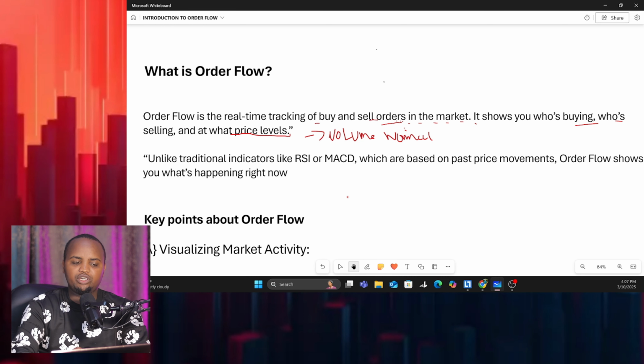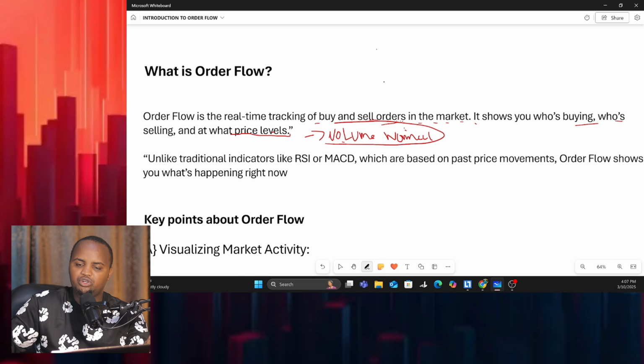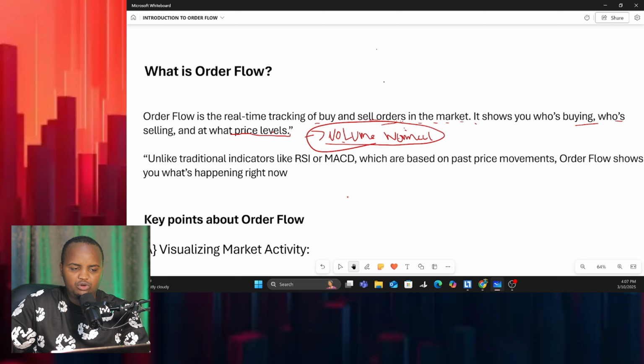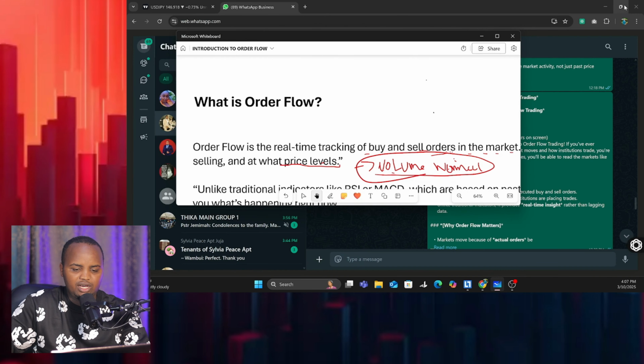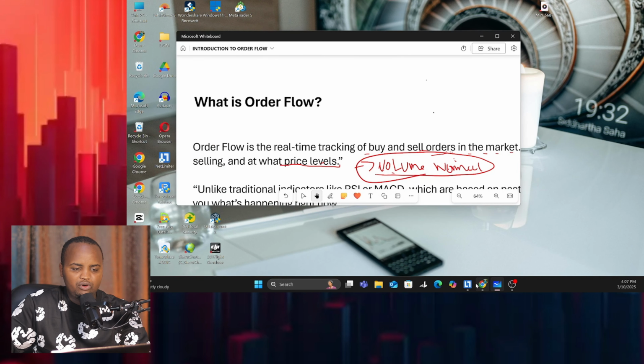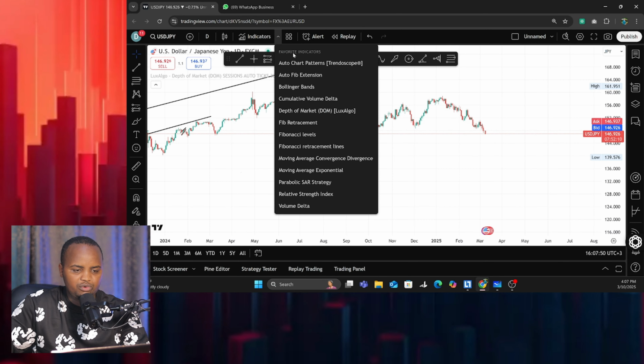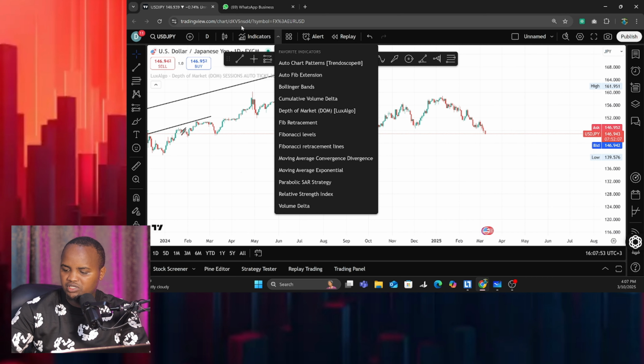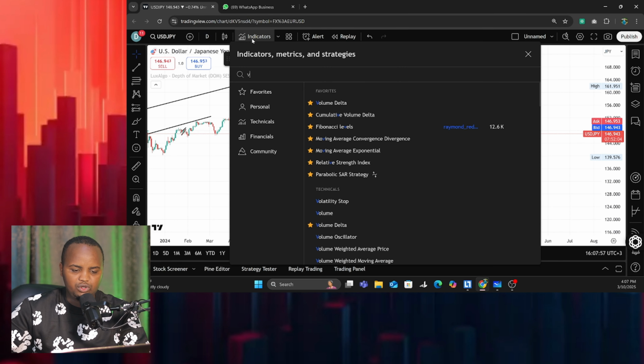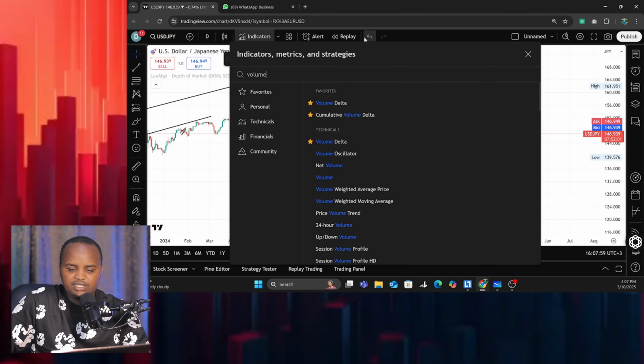Now, remember when we are talking about the normal volume, let me show you how the normal volume looks like. You have probably seen this volume that is down here.